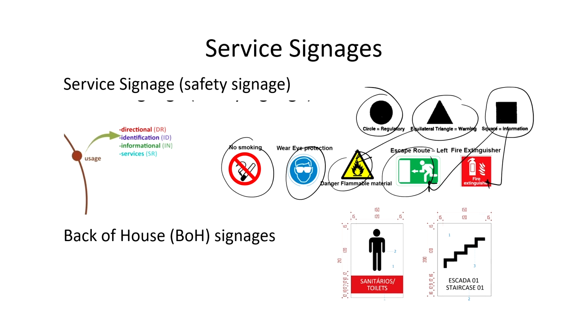These signages help employees navigate the hotel infrastructure efficiently, ensuring the tasks are completed effectively and operations run smoothly. Overall, service signages play a critical role in ensuring the safety, efficiency and functionality of behind the screen operations in various established facilities.